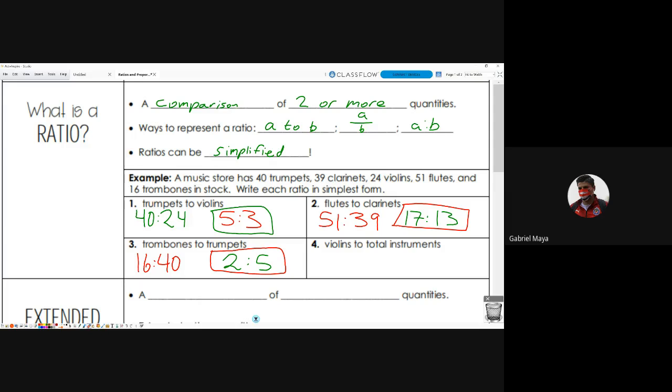Number 4. Anyone want to steal number 4? You can try? All right, let's go ahead and give it a shot.